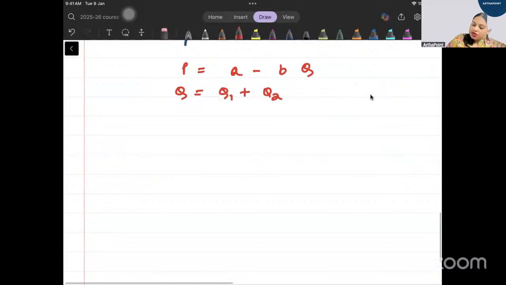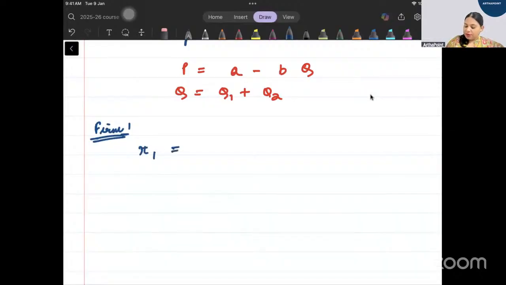Then you can form the profit function for firm 1. Profit of firm 1 will be price into Q1 minus cost into Q1. I'm assuming marginal cost to be constant at C for both firm 1 and firm 2.